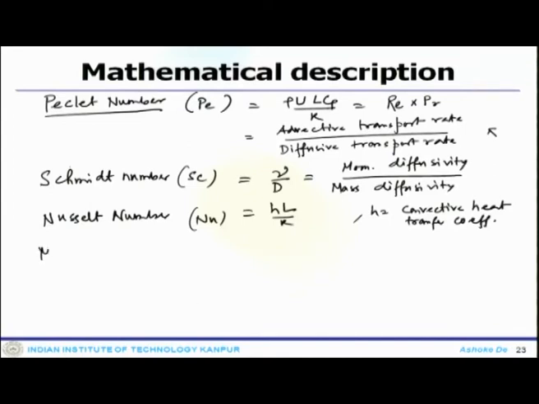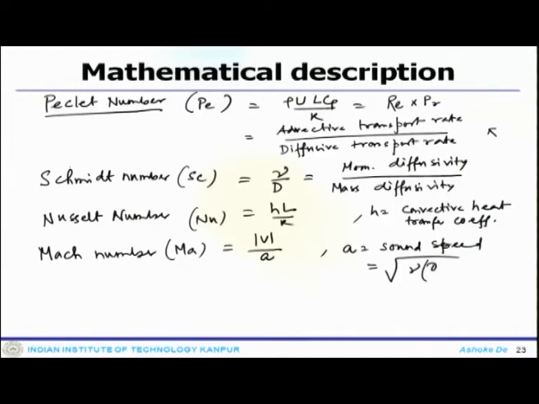Now one more, for the case of Mach number. So, this essentially is the ratio of your velocity scale to the sound speed, and A is your sound speed at a given temperature, and you can estimate it as gamma del p by del rho, which is typically gamma R T. So, this is the number that comes across, and this will determine whether the flow is subsonic, sonic or supersonic.